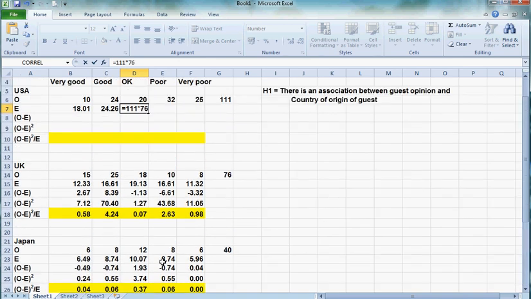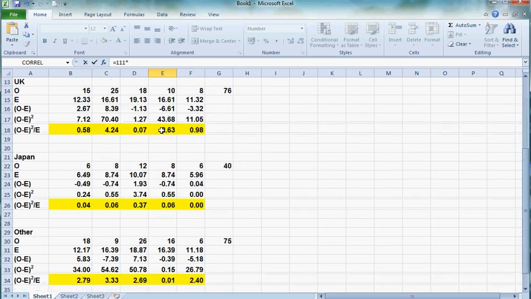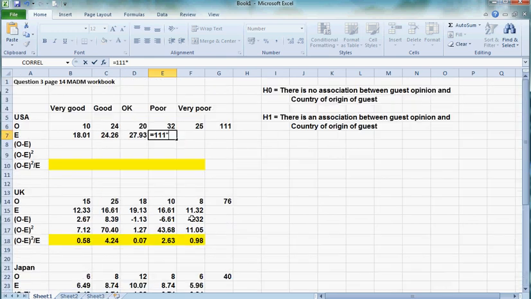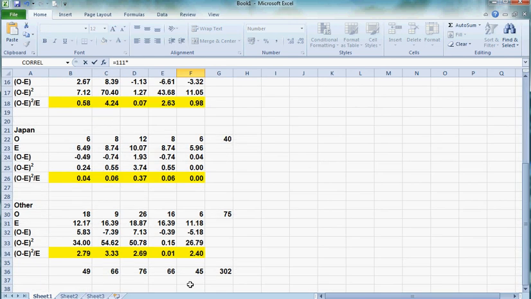As you can see, the larger your table is, the more repetitive this gets. Then 111 row total, our poor column total is 66, divided by 302. And for very poor, 111 times 45, our column total, divided by 302.